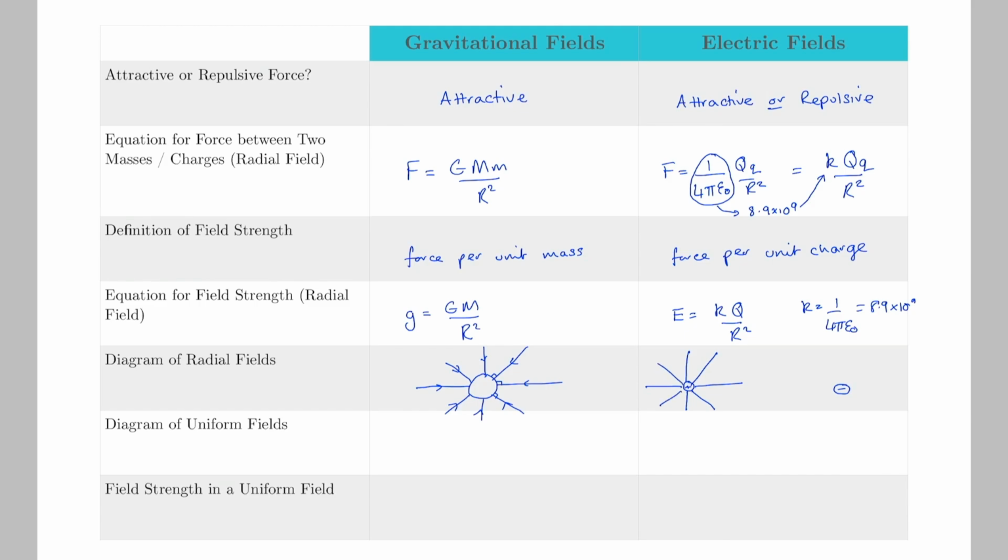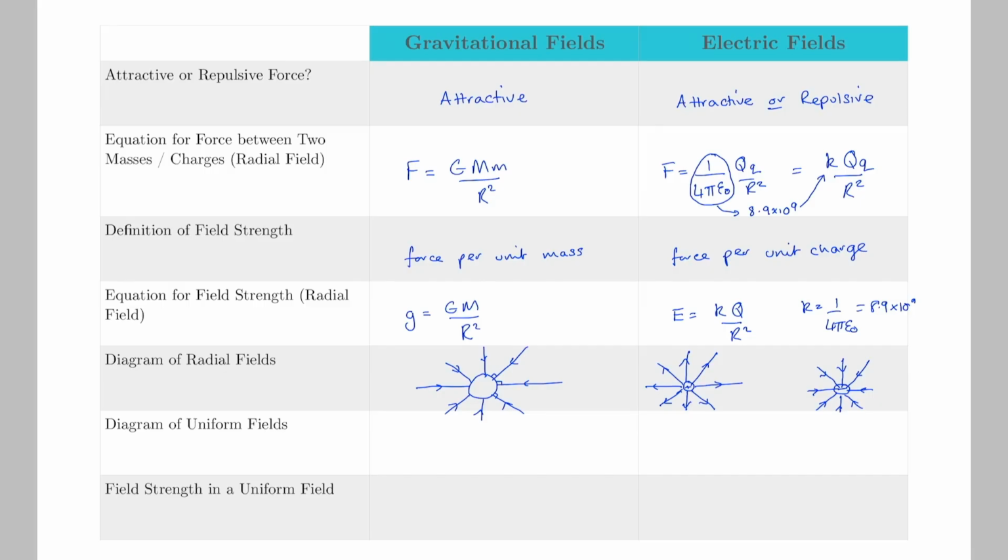But in this case, a positive test charge would be repelled from a positive charge, so it would move away from the charge. And if we had the negative charge, the field lines are in the same place, but a positive test charge would move towards this negative charge, like that.